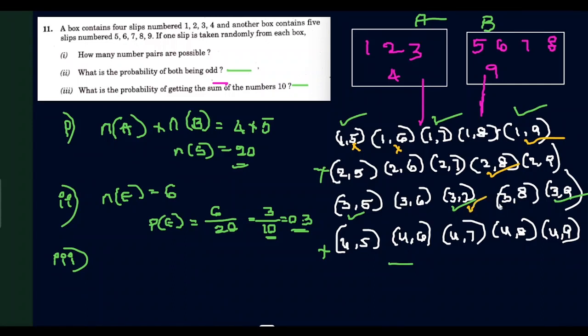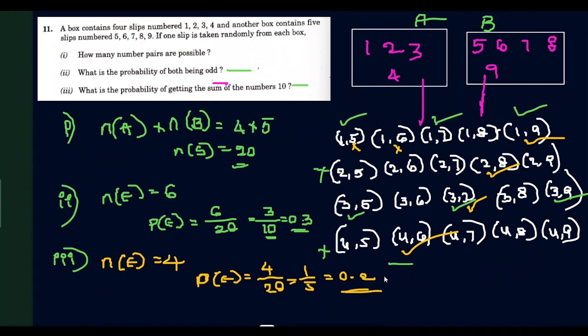Here, yes, we can take this, and everything else is no. Here also 6 comma 4. So n of E is only 4, but n of S is 20. So P of E is equal to 4 by 20, that is 1 by 5, that is 0.2.